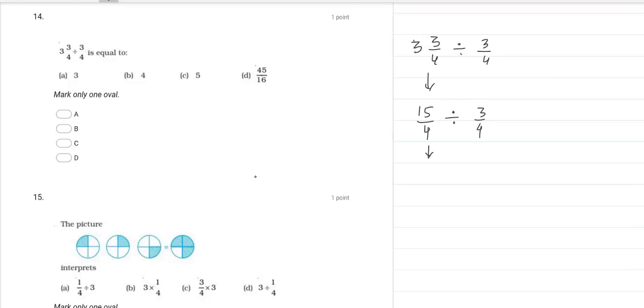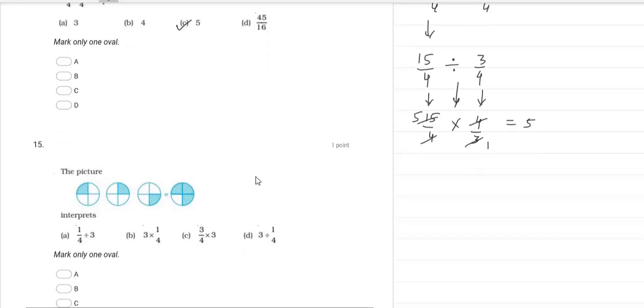We write the first term as it is, that is 15 upon 4. We write this division as multiplication and we take the reciprocal of the second term, that is 4 upon 3. If you observe, this 4 and 4 will cancel. 3 1s are 3, 3 5s are 15. So the remaining answer is 5 only. Hence the correct answer is option C, option 5.